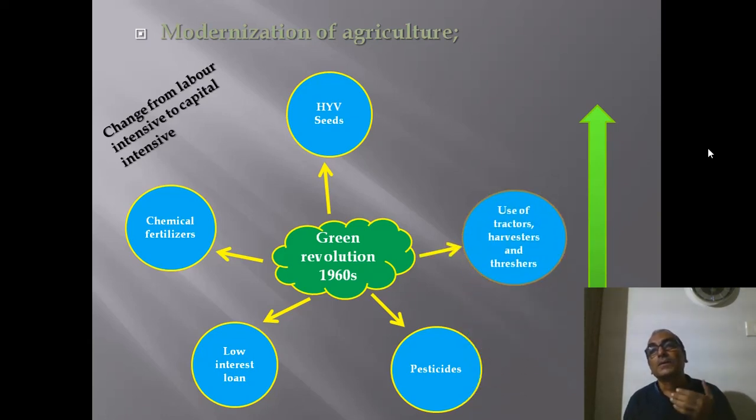Then use of tractors, harvesters and threshers. All these are modern machines used in the agriculture field. So these are all the methods of modernizing agriculture, and that has definitely led to an increase in food production. Okay. Now let's take up the next slide.